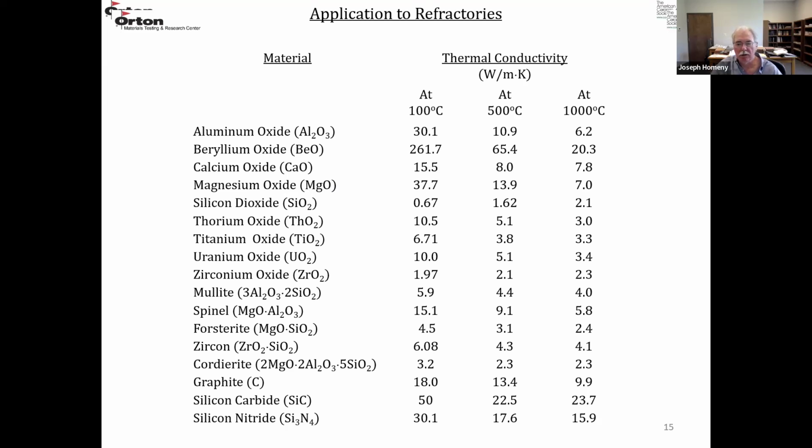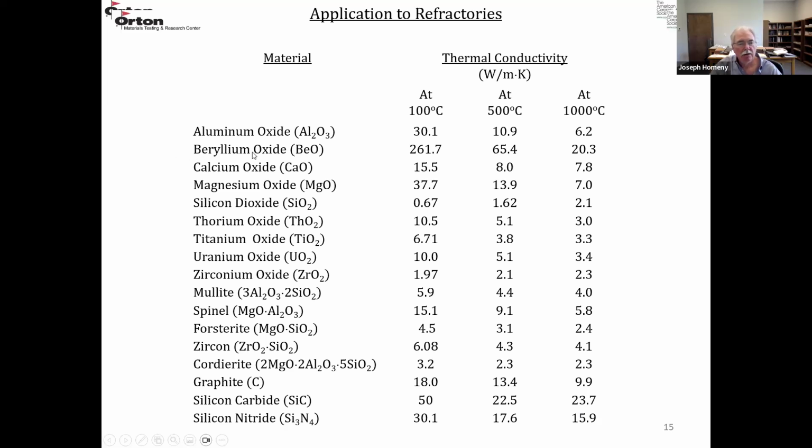And that's that 1/T relationship. Silicon nitride and silicon carbide also have high thermal conductivities at room temperature, and then they decrease with increasing temperature.